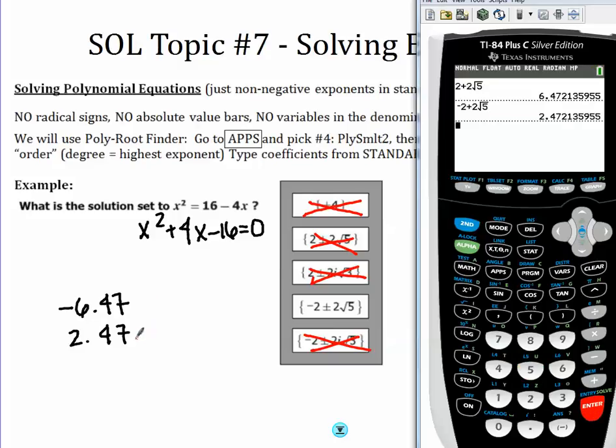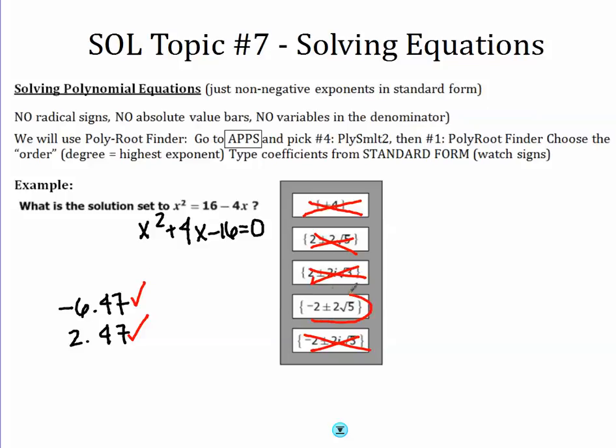Okay, that gives me 2.47. And let's just double check that negative 2 minus 2 square root of 5 gives me negative 6.47. And it does. So that's my answer. Negative 2 plus or minus 2 square root of 5.